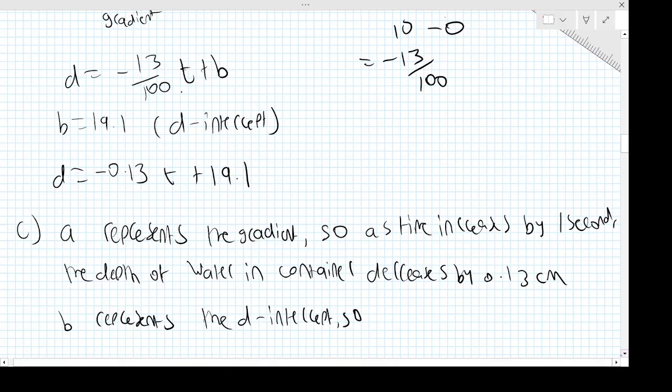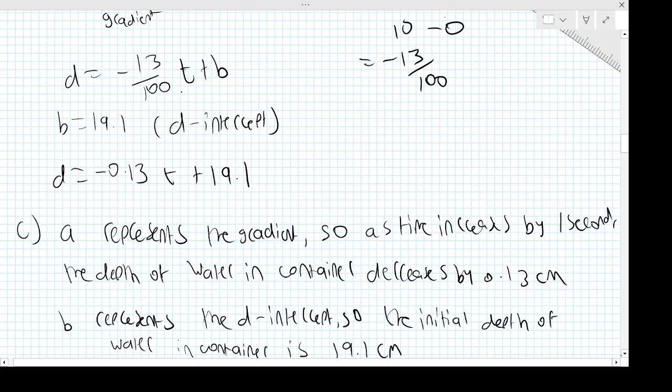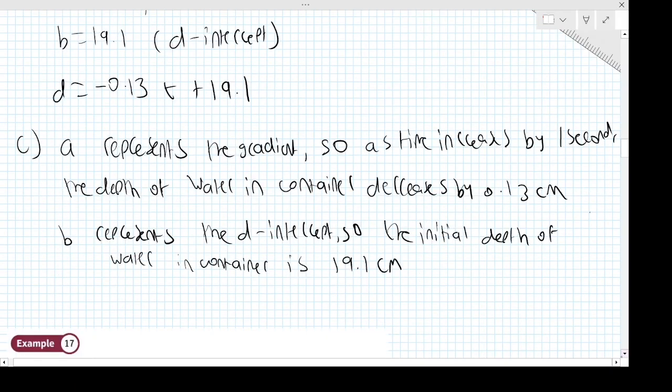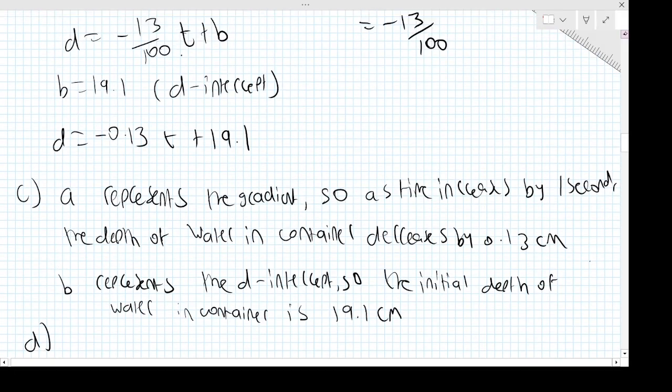So the initial depth of water in the container, which is d, is B. That's the d-intercept, and that's 19.1 centimeters because B is 19.1. So that's the initial depth of the water in the container. So that's what that means. Okay, cool. So I think that makes sense.